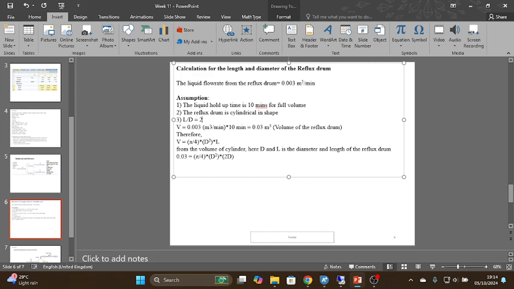The length is being substituted as twice the diameter.